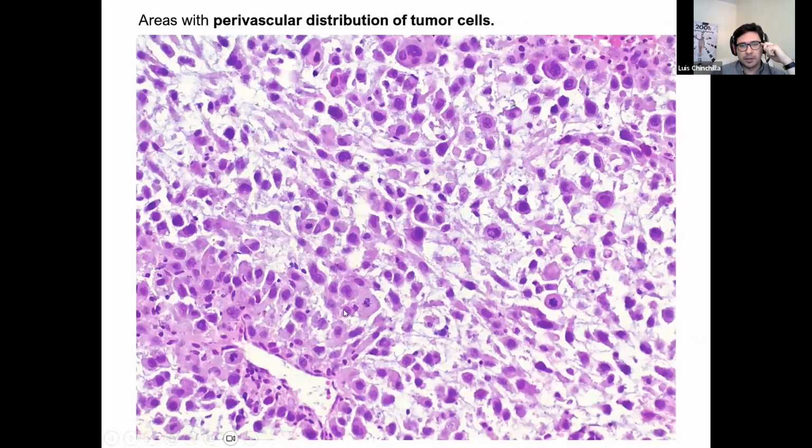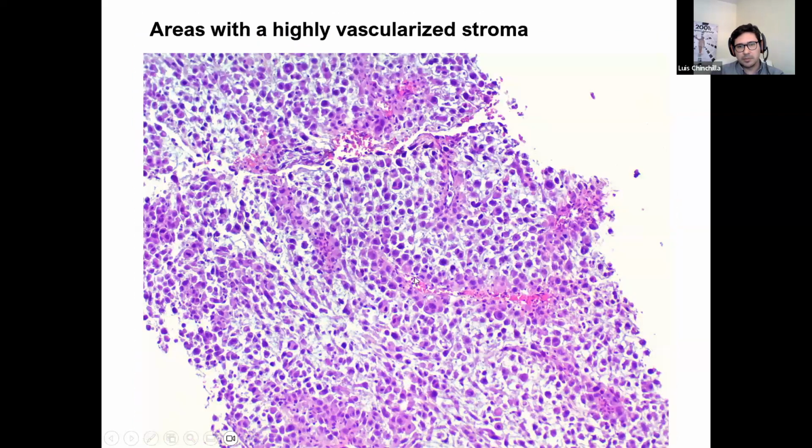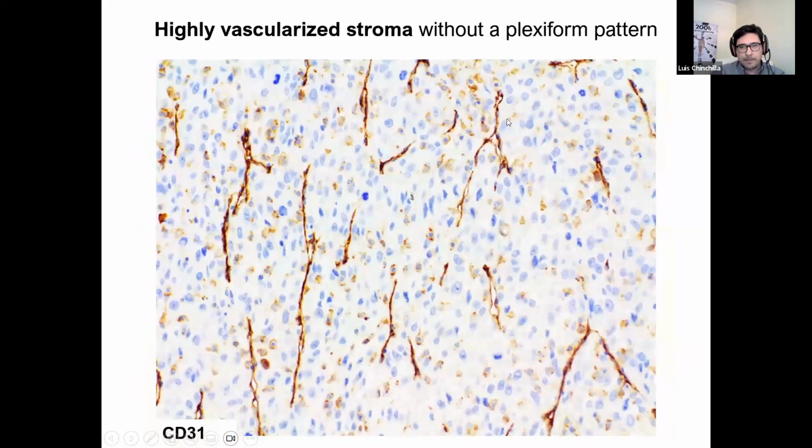This is another area of the tumor. This was very heterogeneous because the biopsy is not more than 2 centimeters, but there were a lot of patterns in the same biopsy. This is a perivascular distribution of the cells. And you can see here the same pattern. It's a little bit weird for this tumor, and the vessels don't show a plexiform pattern or specific rearrangement or distribution, right?